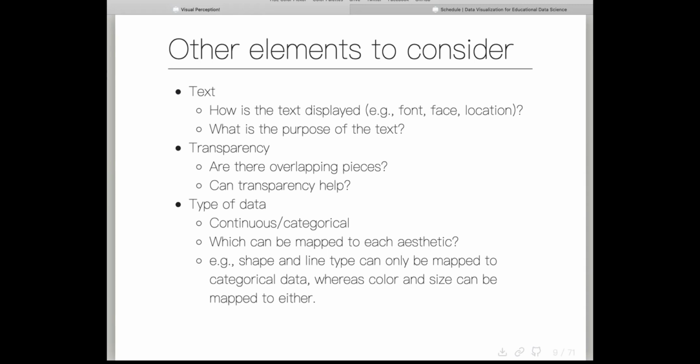Well, not only categorical data, because we could have a shape that increases in size, but generally, if you're having different shapes, then that's going to be a categorical variable, right? You can't map a continuous variable to different shapes, at least not any way that I can think of that would make any sense. Whereas color and size, right? Those can be categorical or continuous, right? Either one is going to be fine.